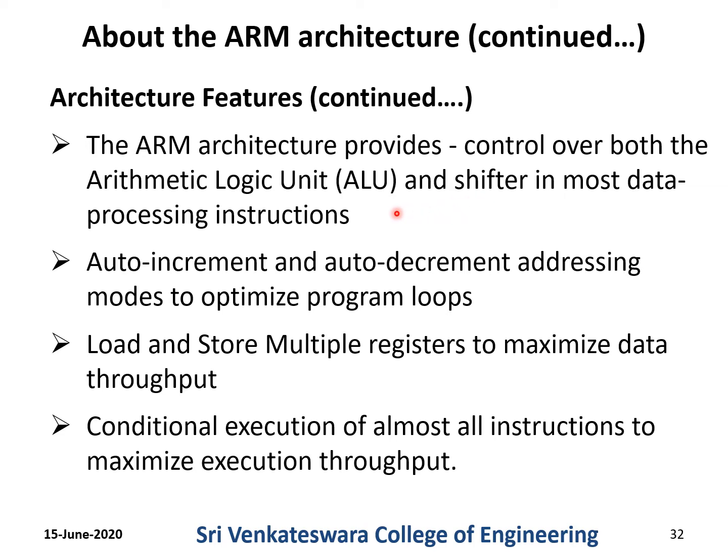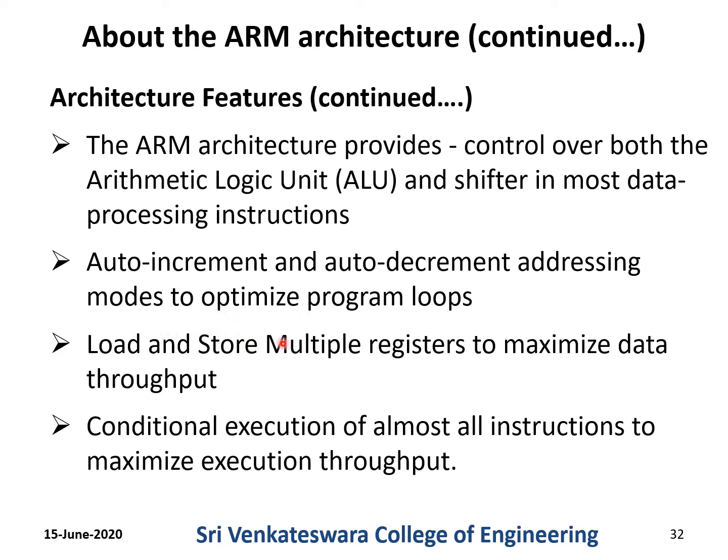So that control over ALU and shifter is there through the instructions. Also, there is support of auto increment and auto decrement addressing modes to optimize the program loops. So these auto increment, auto decrement addressing modes help us to create program loops for applications.